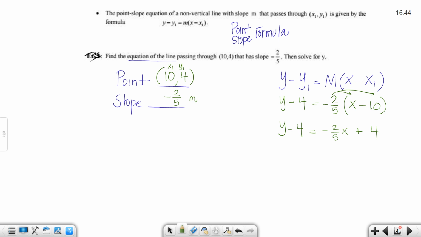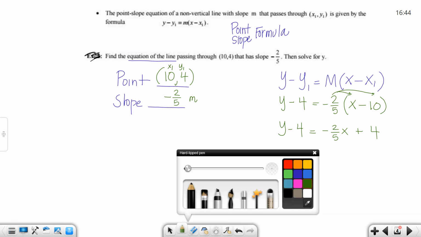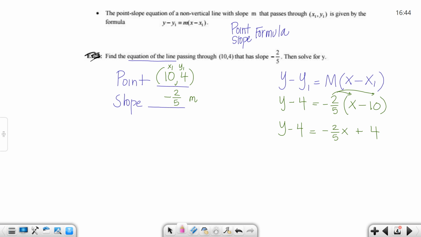You'll say, oh, wait a minute, where on earth did the 4 come from? Let's do some scratch work at the top: negative 2/5 times negative 10. If you multiply that out, 2 negatives make a positive. 2 times 10 on the top is 20 on the top and 5 on the bottom. So that's where I got that 4.